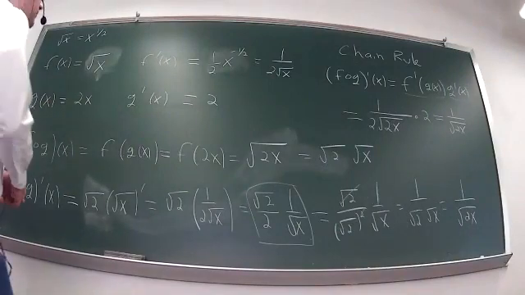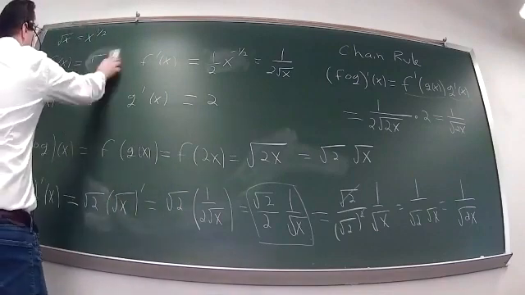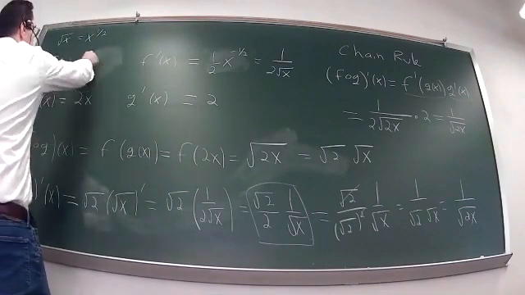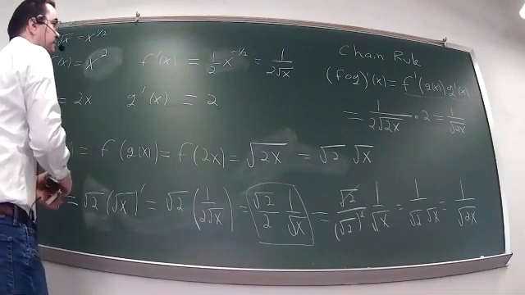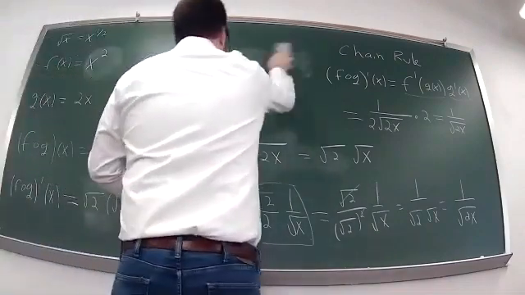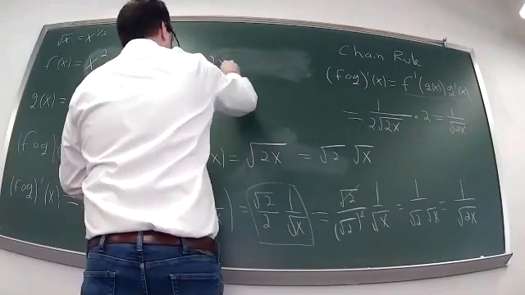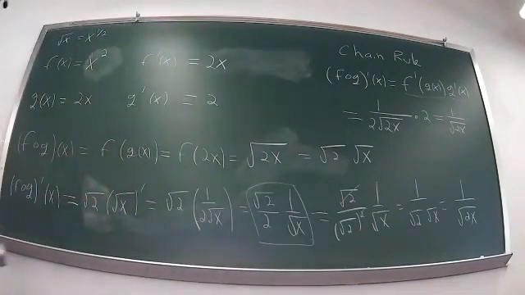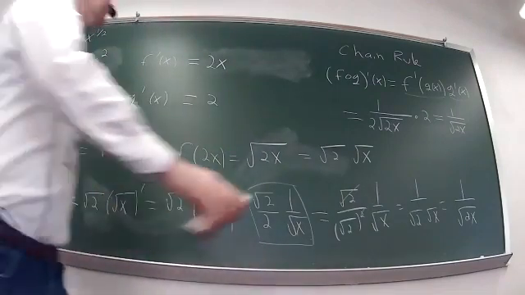Let's compare it to the first example that I did with f of x equals x squared. Then f prime of x is 2x.